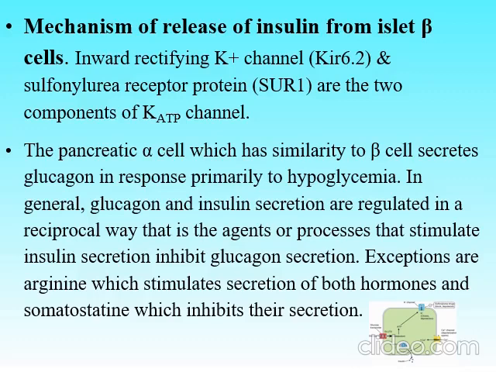In general, glucagon and insulin secretion are regulated in a reciprocal way, that is, the agents or processes that stimulate insulin secretion inhibit glucagon secretion. Exceptions are arginine, which stimulates secretion of both hormones, and somatostatin, which inhibits their secretion.